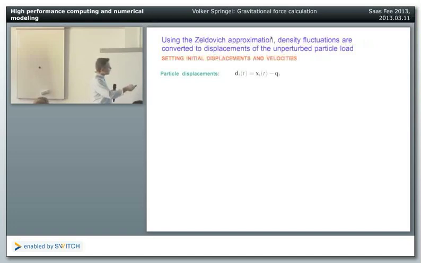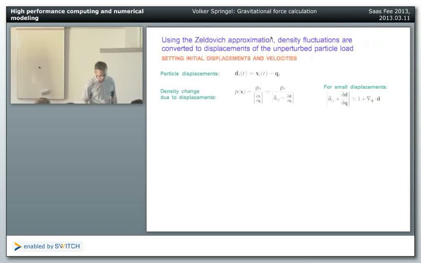And the displacement at some time is the current coordinate minus the initial coordinate. If you can calculate this displacement at your initial time, then you just have to add it to the unperturbed coordinates, and you have your real initial coordinates, right? This is what we want to get.